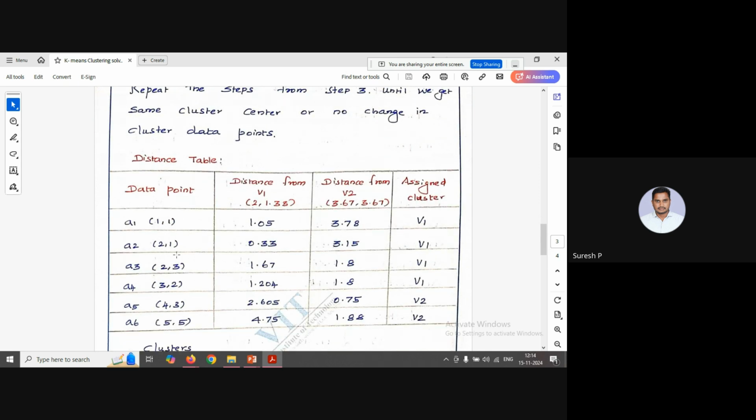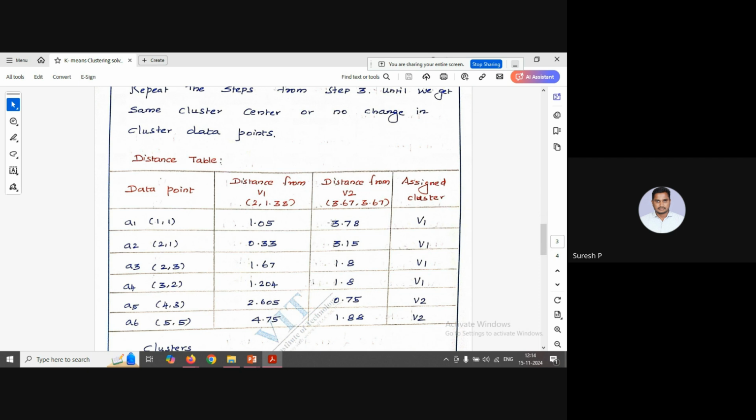Now we take all the data points and calculate the distance between each data point and the new centers. Between 1, 1 and 2, 1.3, we calculate the distance. Between 2, 1 and 2, 1.3, we calculate the distance. So now we have calculated the distances.